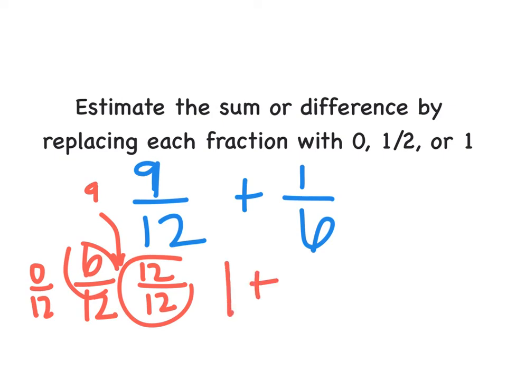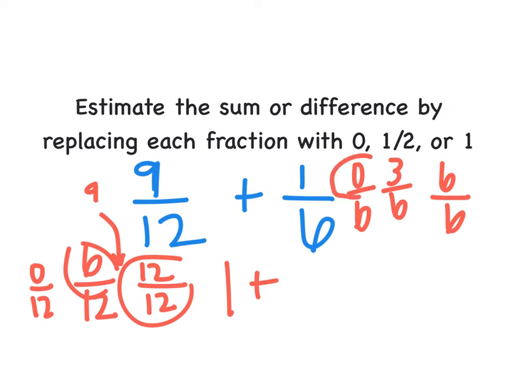Over here, I know that half of 6 is 3, so 1/2 would be 3/6. 0 is 0/6, and 1 is 6/6. So 1/6 is closer to 0/6 than 3/6. So I only have one choice here because it is closer to 0/6. So I can't pick 1/2, 3/6, because it's not equally close to both of them.